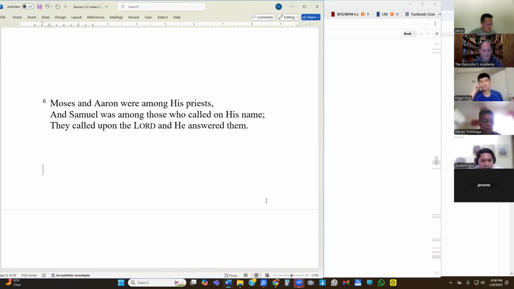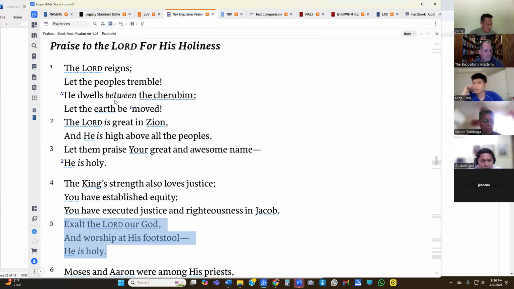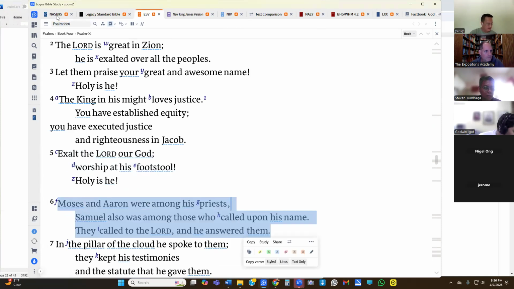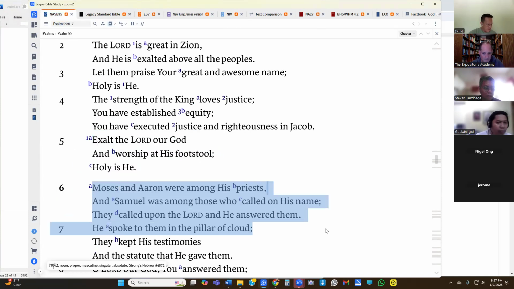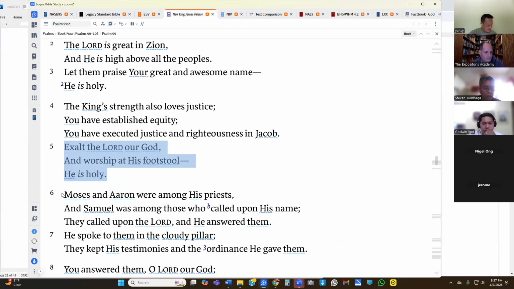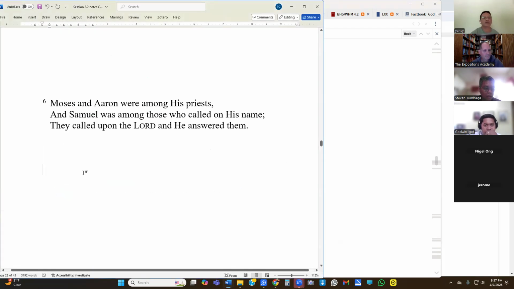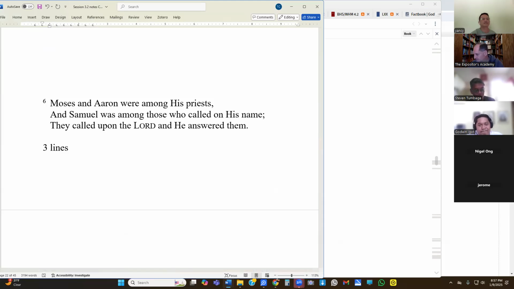So in ESV, there are 3 lines. In KJV it's also 3 lines. Okay, so that's easy. Now for the more difficult challenge, what's the relationship? So first line, the subject is Moses and Aaron.